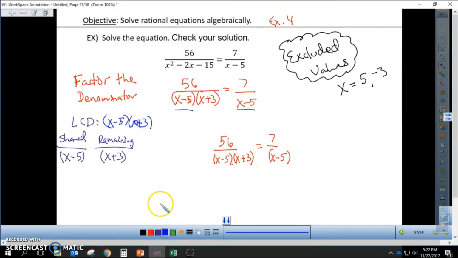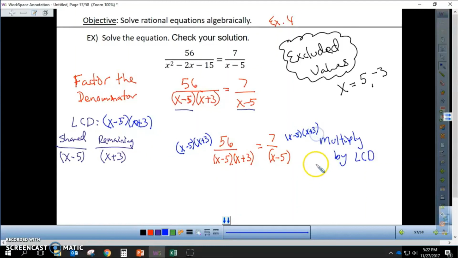And what we're going to do now is multiply by the LCD. So I'm going to multiply by x minus 5, x plus 3, x minus 5, x plus 3.